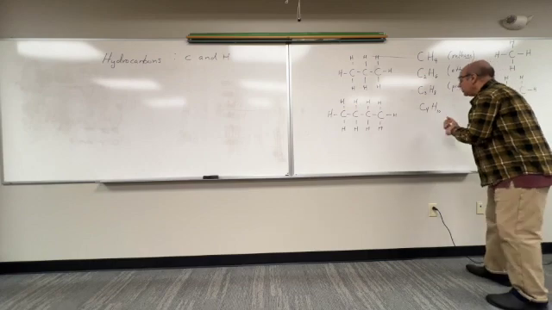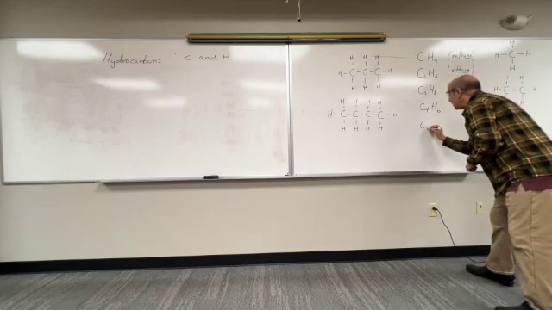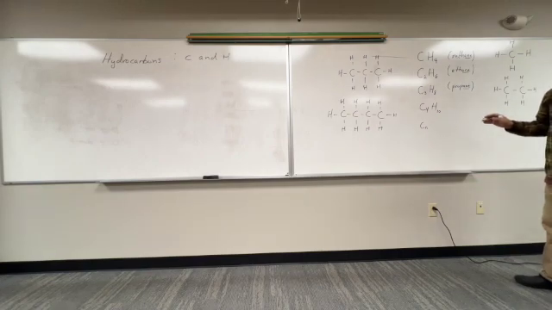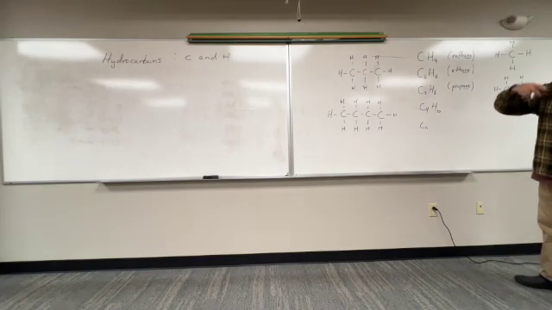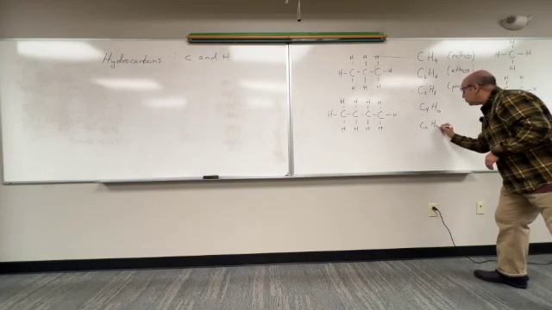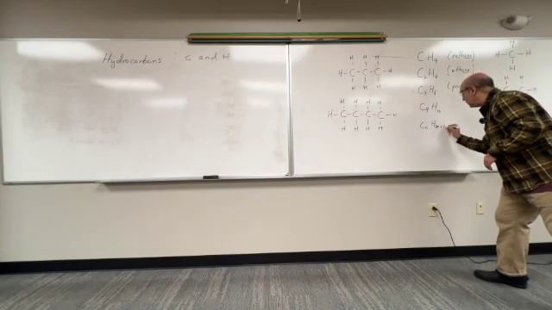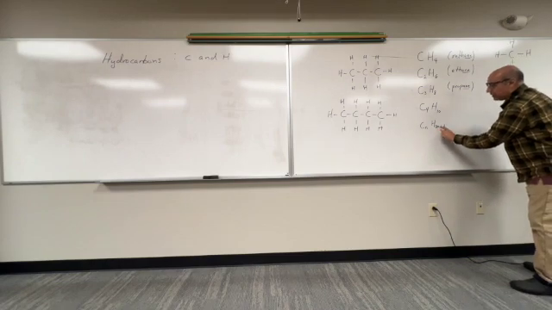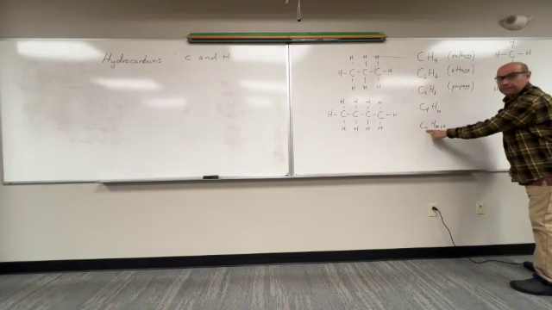So I can actually write Cn, where n is any number. It can be 1, it can be 5, it can be 20. And then H, and it's going to be 2 times n plus 2. 2 times n means 2 times this number, right?